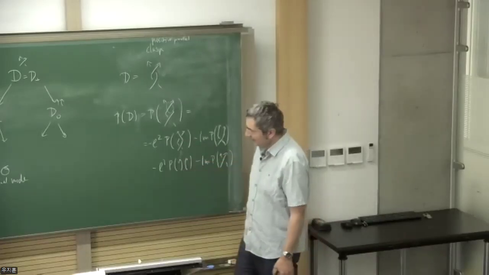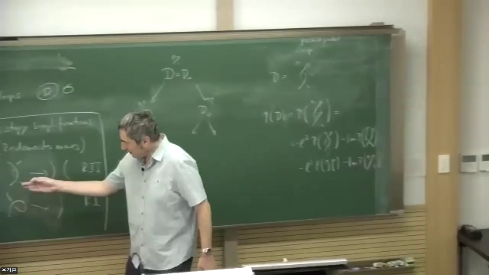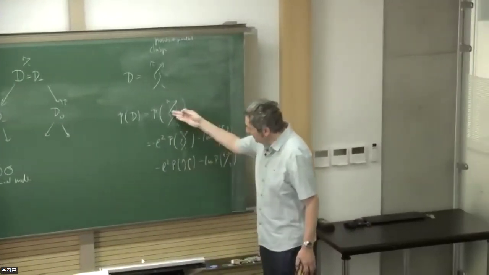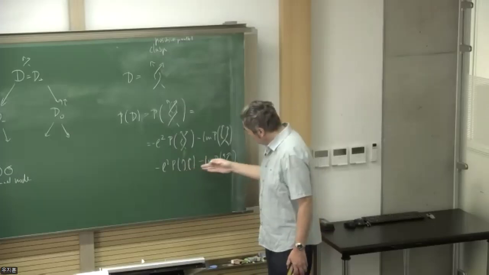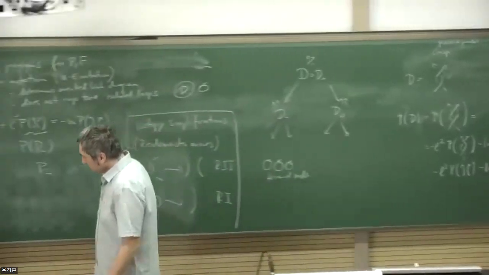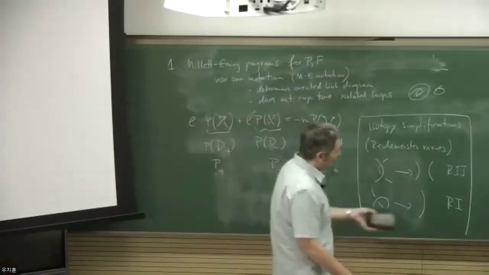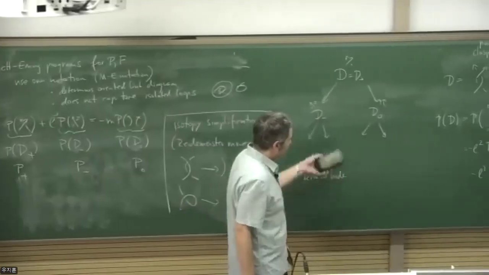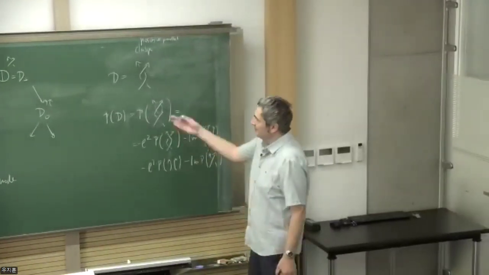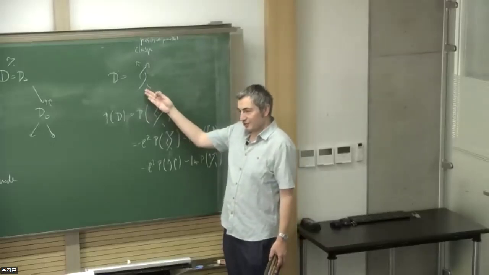And by using this trick that you can apply this move here, you see that you can relate the polynomial of this diagram to the two polynomials of diagrams that have fewer crossings, and then by continuously using it in this way, you can bring it down. Now, of course, this depends on the existence of such a thing.